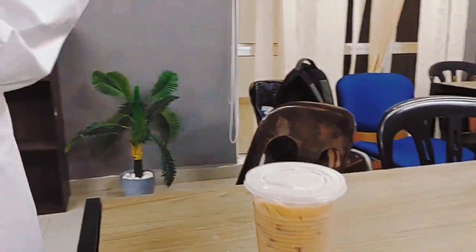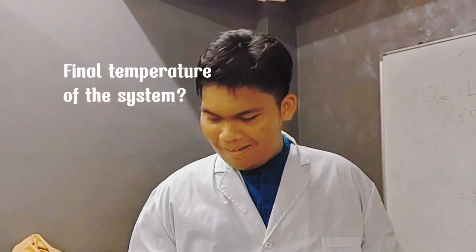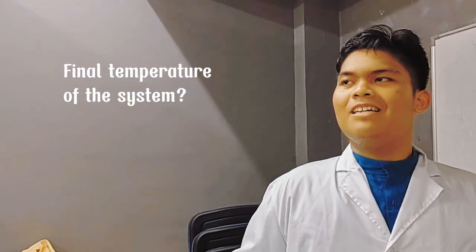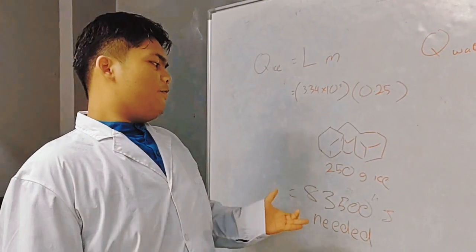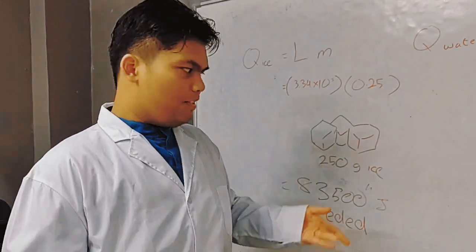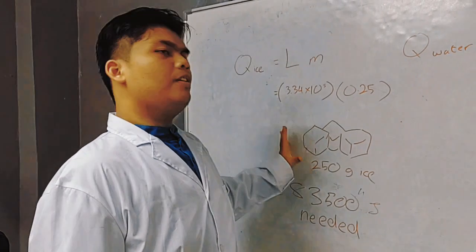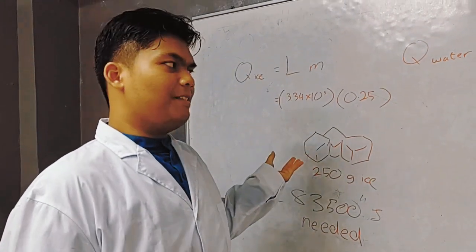So this is where latent heat shines, because if we were to answer this question, what is the final temperature of the system? We cannot find that at first, but because of the latent heat, we must find the latent heat first to fully melt the ice before it can gain any temperature.